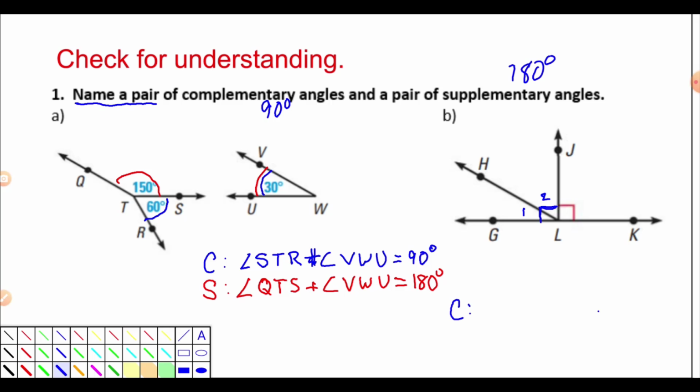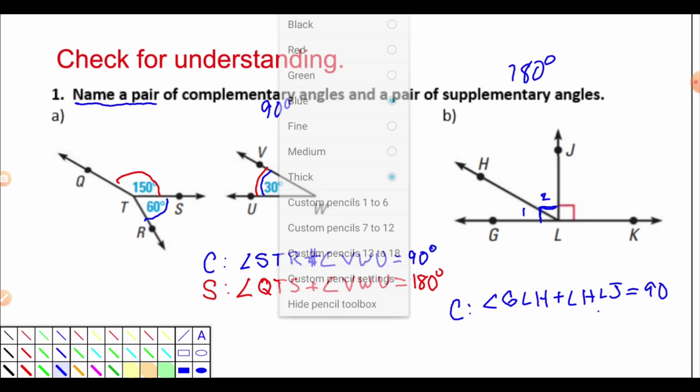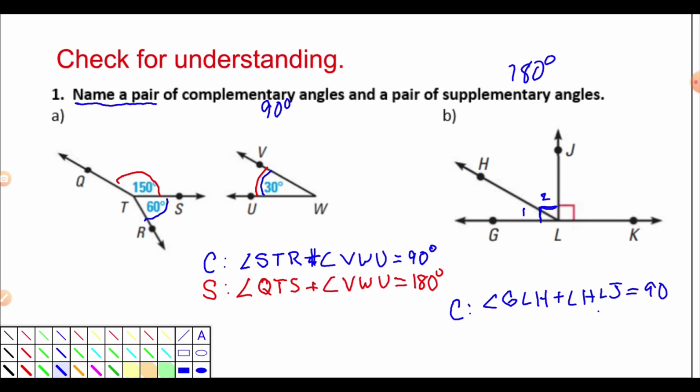And so I'm going to say angle GLH plus angle HLJ. And those will equal to 90. All right, perfect. Usually I put measures in right now, but again, I'm just going to kind of rough and quick right now. So I'm not writing the measure in front of this, but usually I would do that.